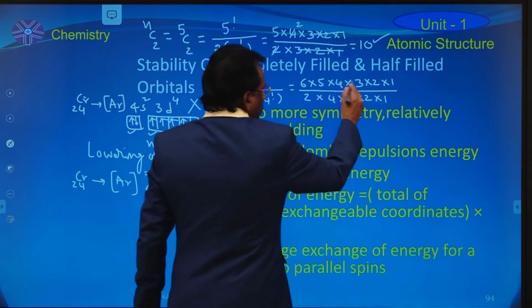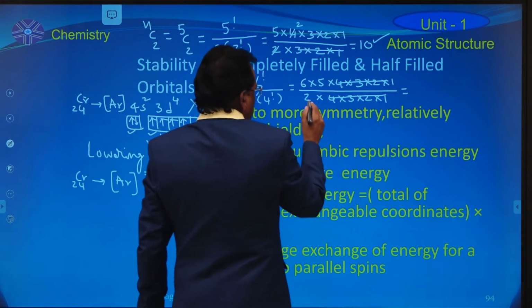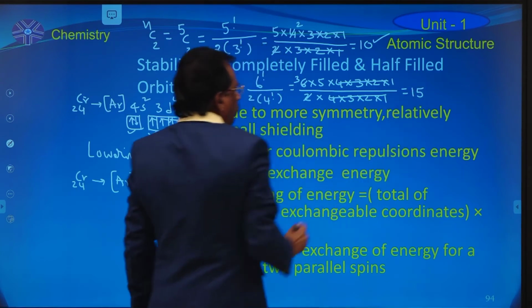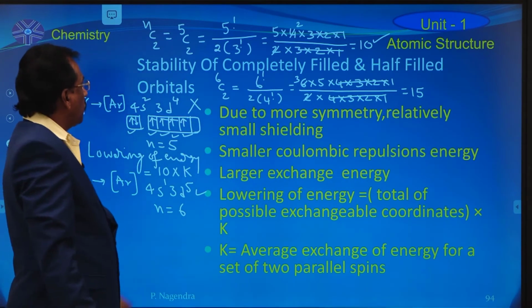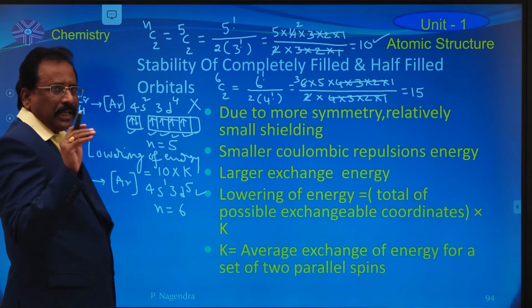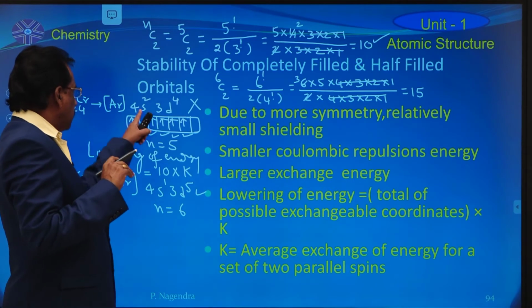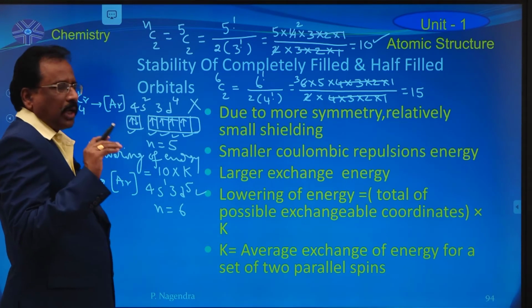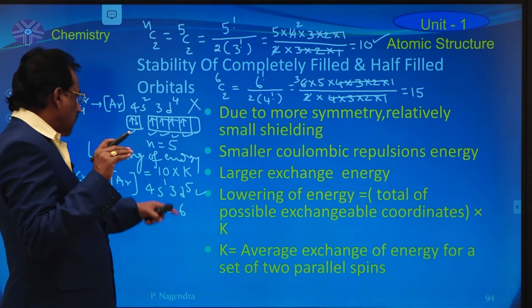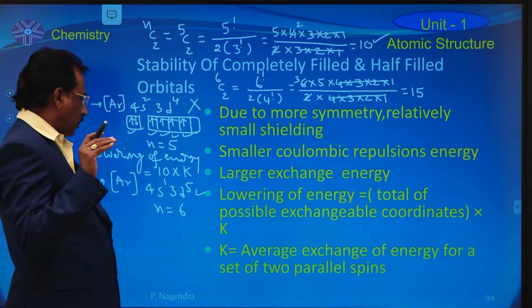So these are cancelled together. Now the number of possible exchange coordinates is equal to 15. But in 4s2 3d4, the number of possible exchange coordinates is equal to 10, because in this configuration the number of parallel spin electrons is equal to 5. But in 4s1 3d5, the number of parallel spin electrons is equal to 6.